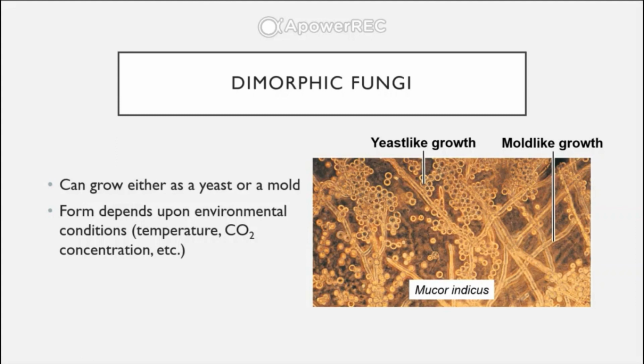And the mold-like growth ceases at the surface where you have more CO2 present, and you'll see more yeast-like growth occurring at the surface. Dimorphic fungi is really important because a lot of pathogenic fungi exhibit this trait.